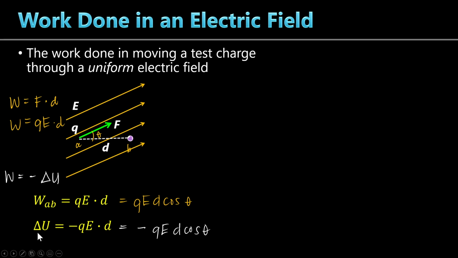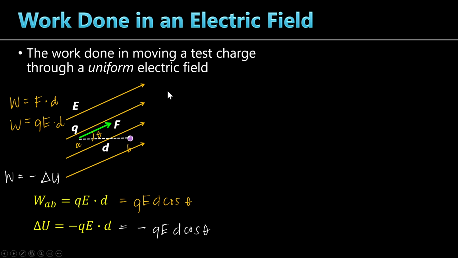This is quite simple to execute, no? You just have to multiply the given test charge to the magnitude of the given electric field, which is uniform, no, which means it's constant, and multiply it to the cosine of this angle theta. This theta is the angle between the force and the displacement.